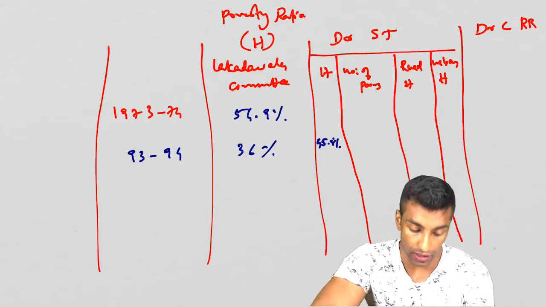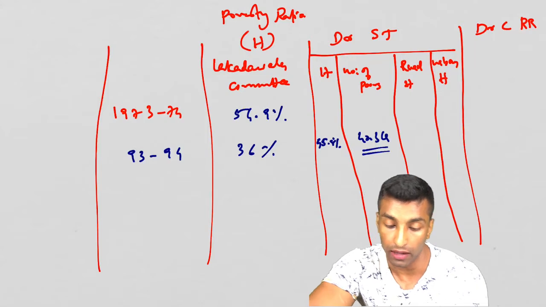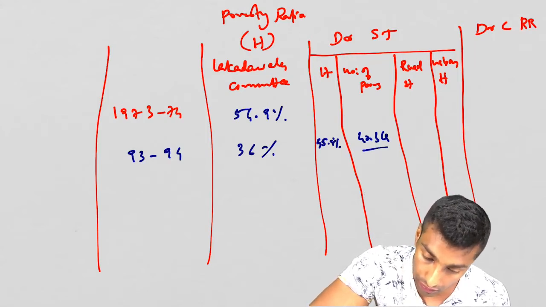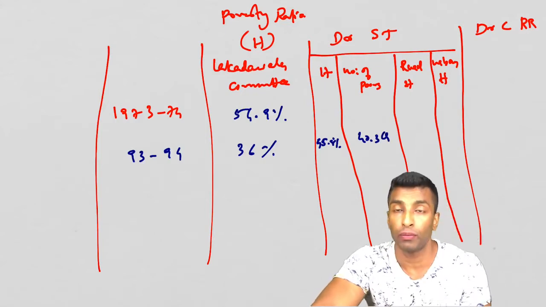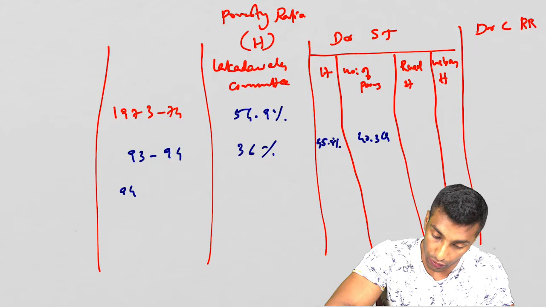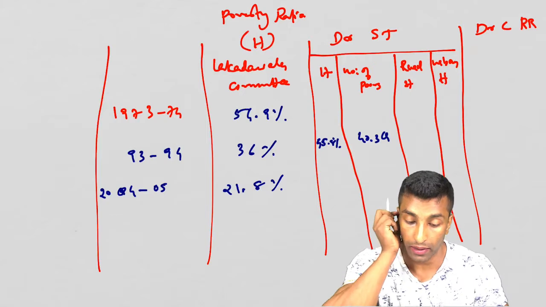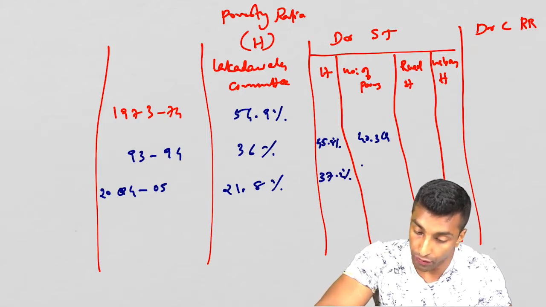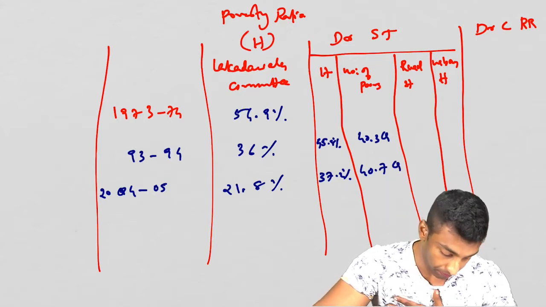So 45.8% means around 40.3 crore people are poor. Then 2004-5, 21.8% under the Lakdawala Committee. So here it is 37.2%, and 40.7 crore people are poor.